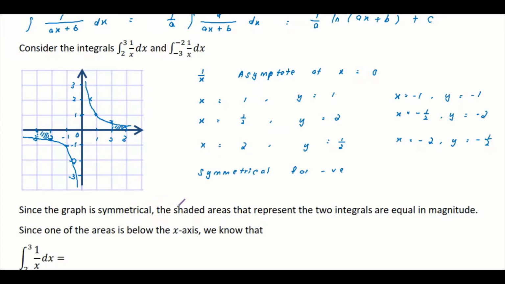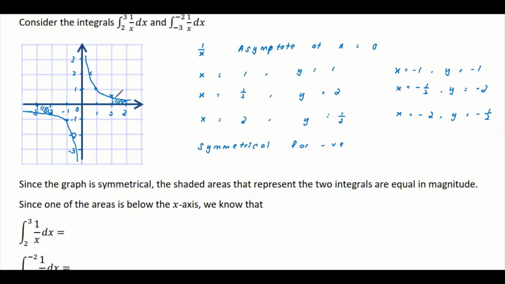So since the graph is symmetrical, the shaded regions that represent the two integrals are equal in magnitude. It's just that one is going to be positive and one negative.